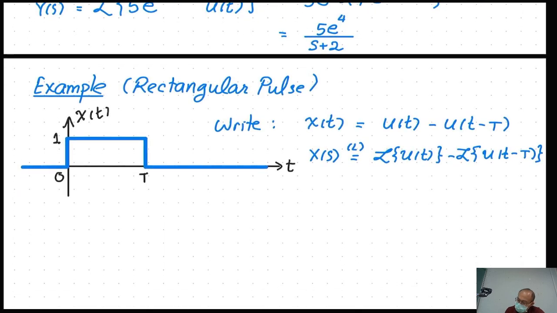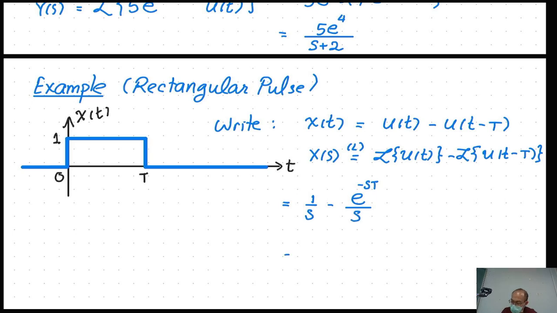And then I know the Laplace of u as 1 over s. What about the Laplace of u(t minus capital T)? That is a time shifted version of u. In the time domain we have the time shifted version, and in the s domain we have to multiply by e to the negative sT. So minus e to the negative sT times 1 over s.